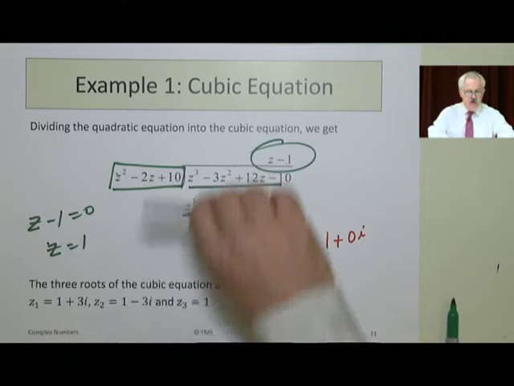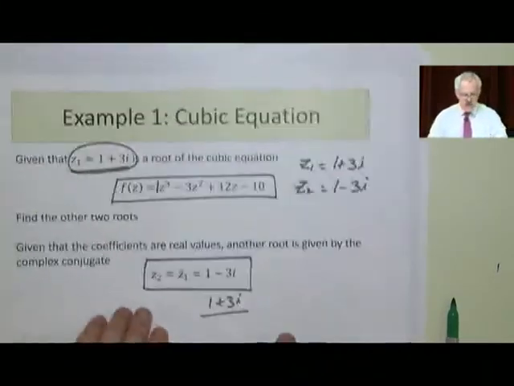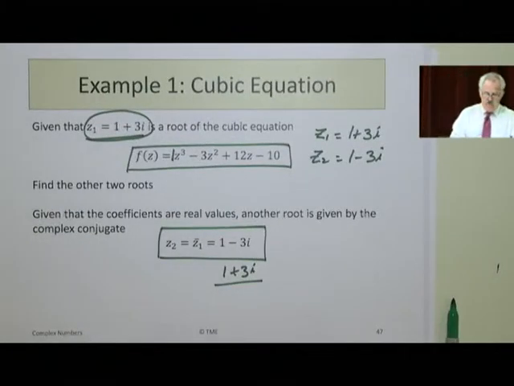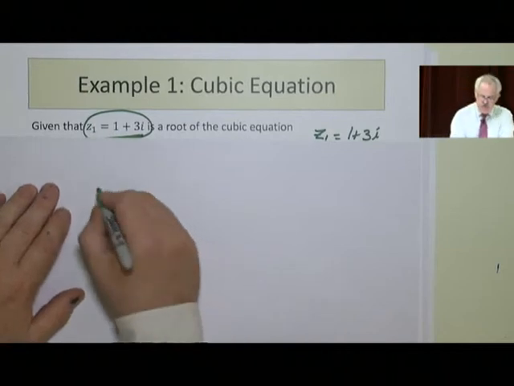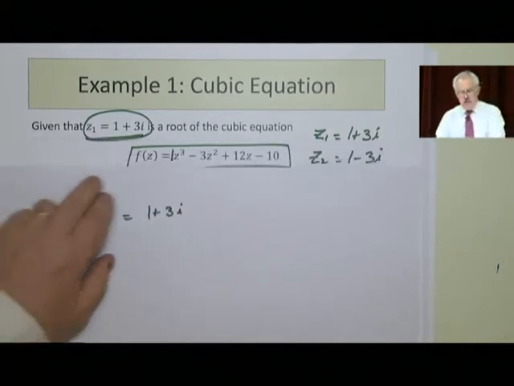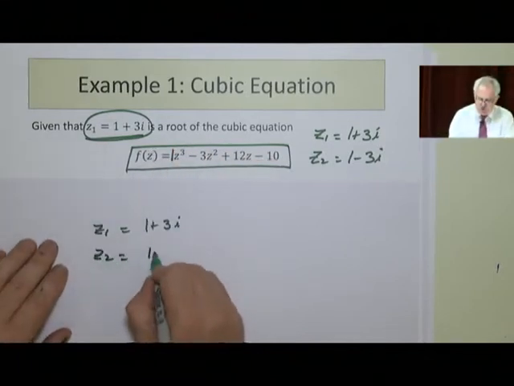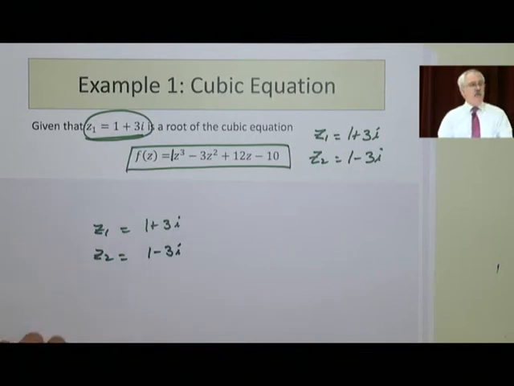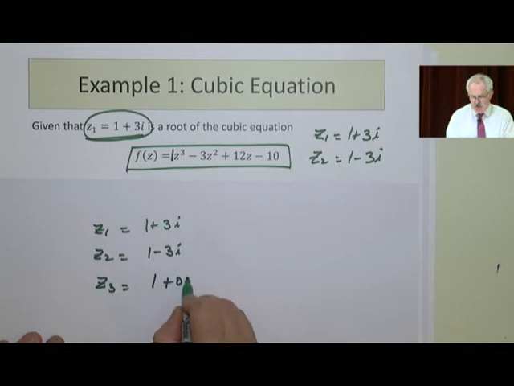So effectively, your answers for this particular question are: you were told from the outset that one of the roots was 1 plus 3i. Because they were all real coefficients, z2 had to be equal to 1 minus 3i. And when you've done all the sums, z3 happened to be equal to 1 plus naught i.